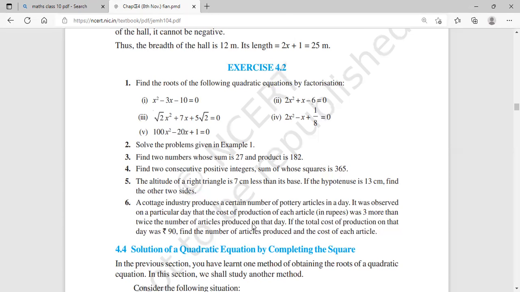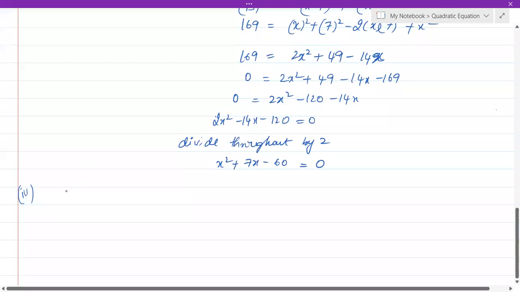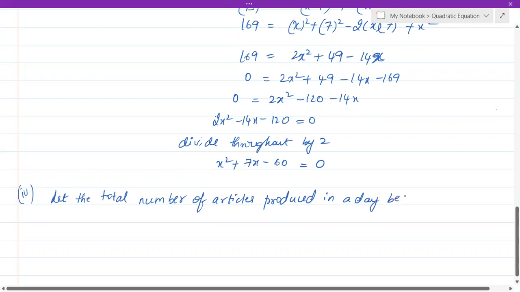Okay. So let me share it again. Let the total number of articles produced in a day be how much?